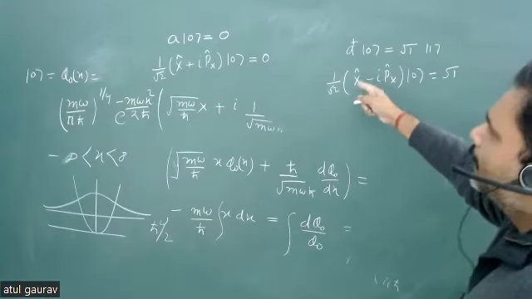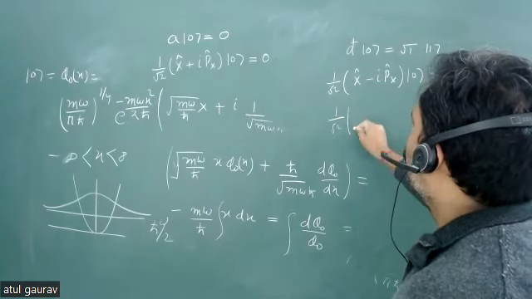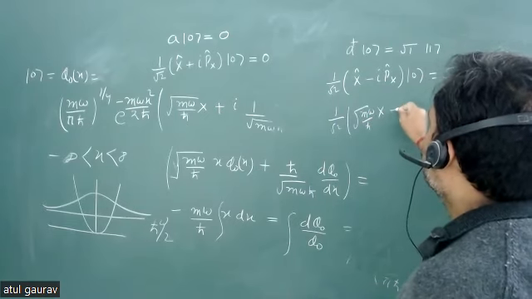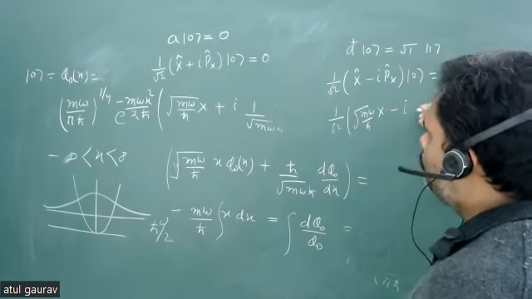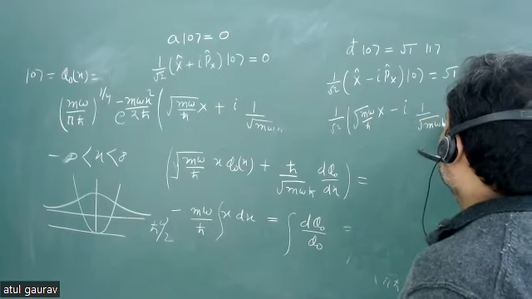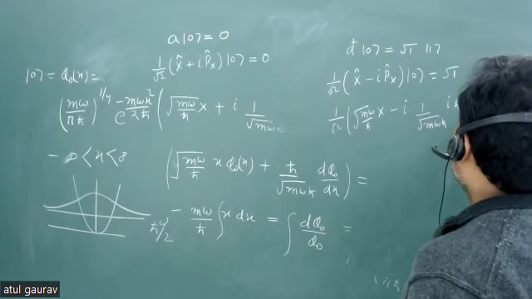And now you can again write x cap and px cap as 1 upon root 2 times root m omega upon h cut x minus i px, which is equal to 1 upon root 2 m omega h cut, with i h cut d upon dx.